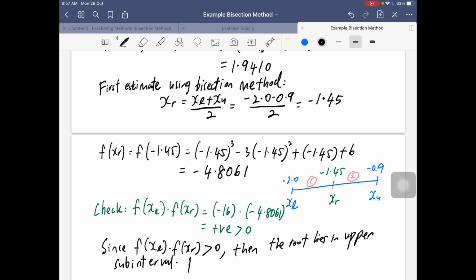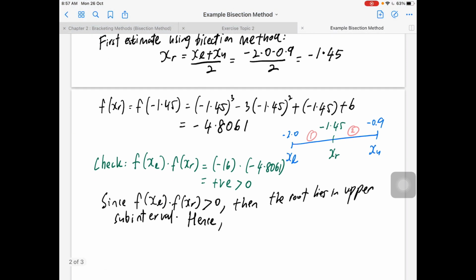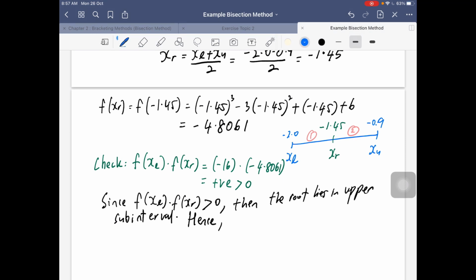Hence, we replace the value of xL with xR. So now our lower limit becomes negative 1.45. This moves to here.